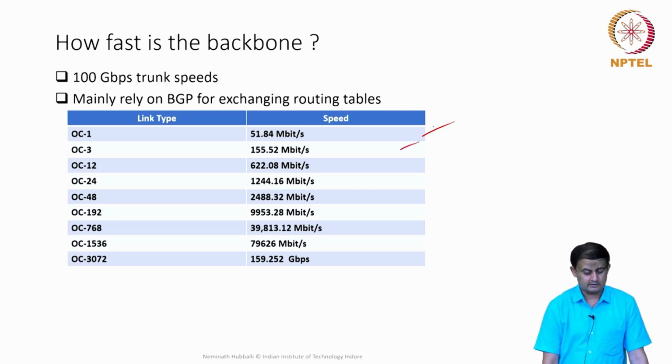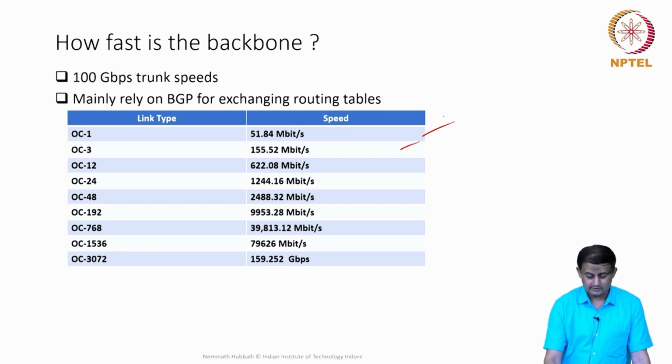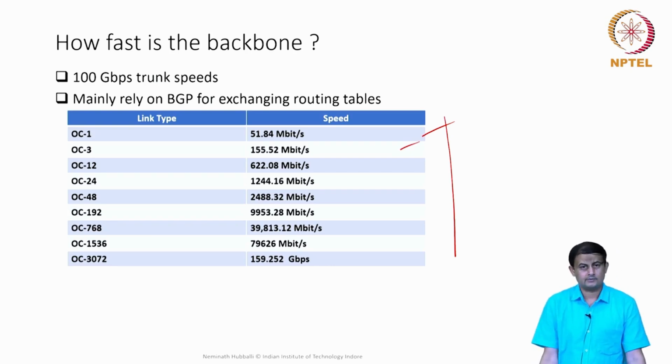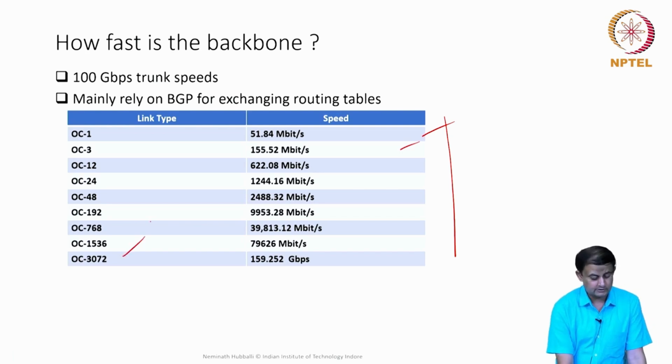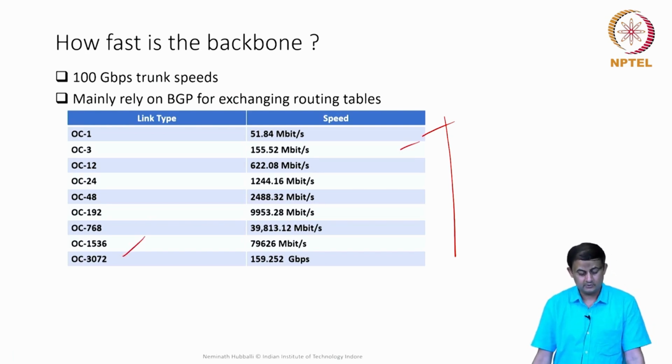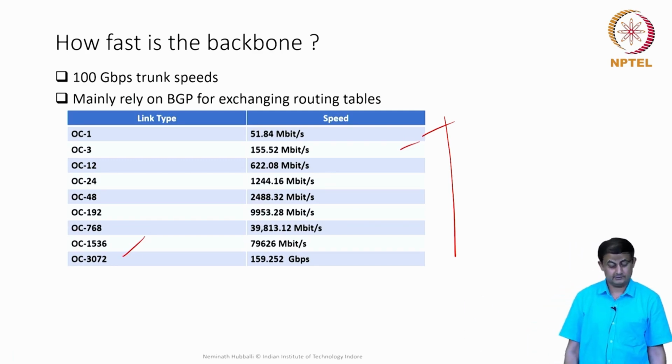Similarly, the standard called OC3 will give you around 155.52 Mbps of data and so forth. As time passed, developments in optical fiber technology brought several Gbps of bandwidth to the backbone. A technology called OC3072 is now able to provide you 159.252 Gbps of bandwidth at the backbone level. So that's actually a lot of bandwidth.